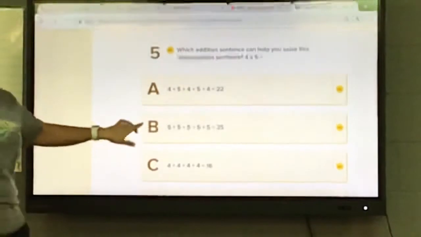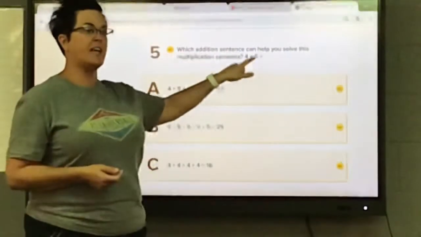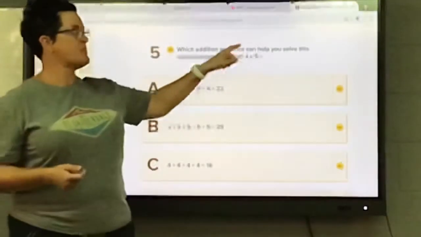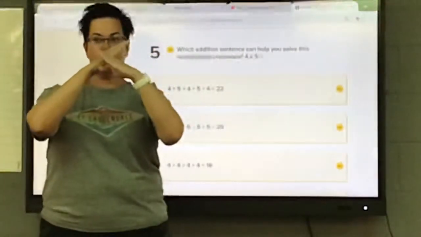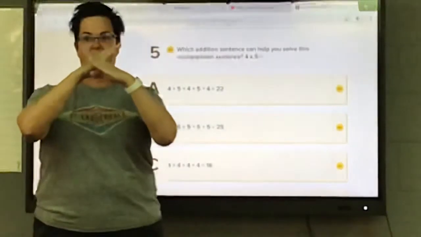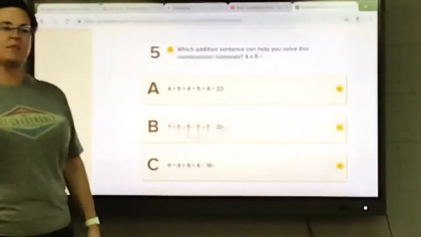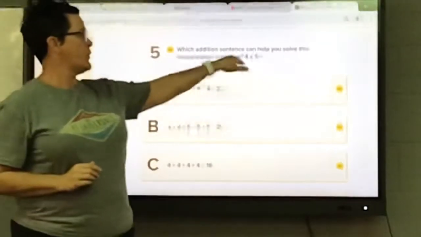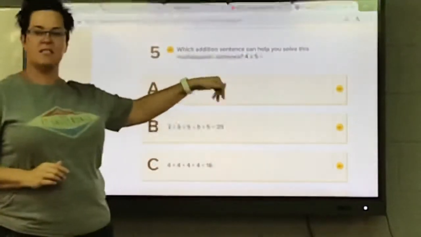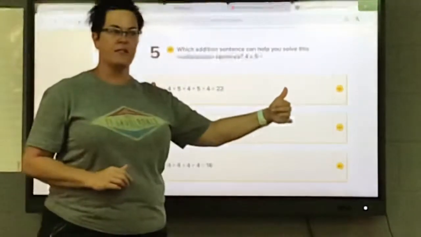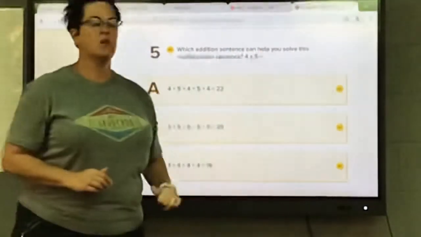Think about what we have learned in multiplication sentences. What does the multiplication sign mean? Groups of. So replace where that multiplication sign is with groups of 5.